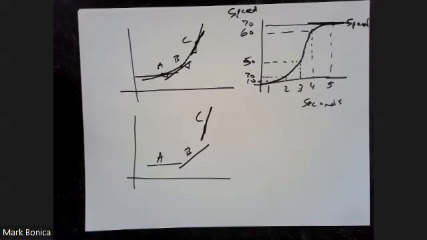From 2 to 3, in that 1 second, I make 20 miles an hour of acceleration. From 3 to 4, I go from 50 to 60, I'm only going 10 additional miles an hour again. I'm actually slowing down my acceleration.